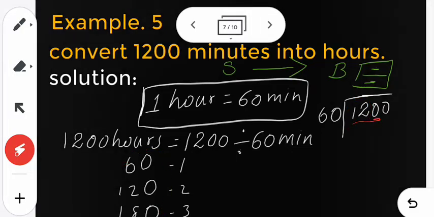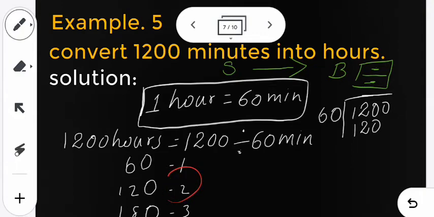So you will take now the 3 digits together, 120. So you have to search for 120 here. So 120 is here. So you will write here 120. So 120 is how many times? It is 2 times. So you will write on the top 2.